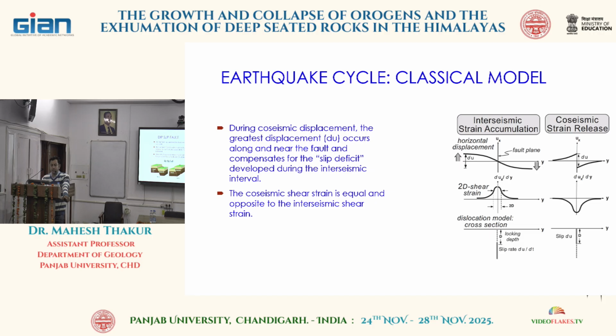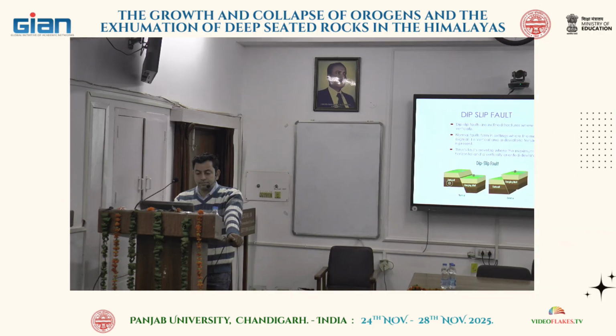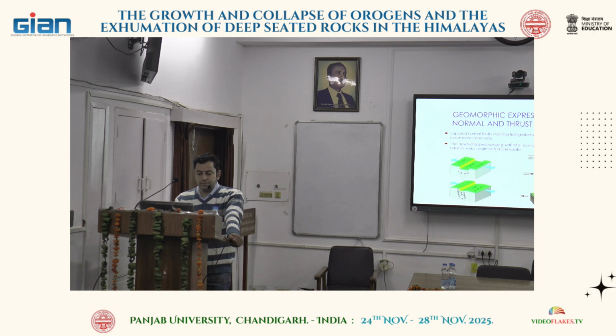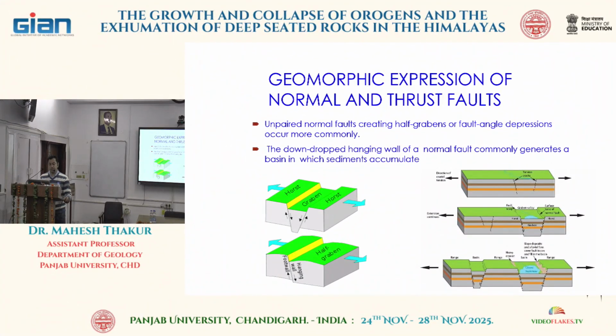Dip slip faults are inclined fractures where blocks have mostly shifted vertically. So geomorphic expression of normal or thrust fault, unpaired normal faults creating half grabens or half fault angle depressions occur more commonly. The down-dropped hanging wall of a normal fault commonly generates a basin in which the sediments accumulate.